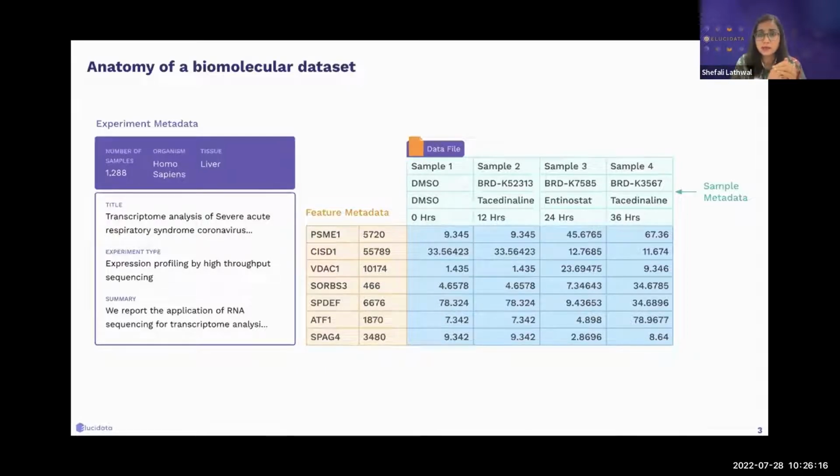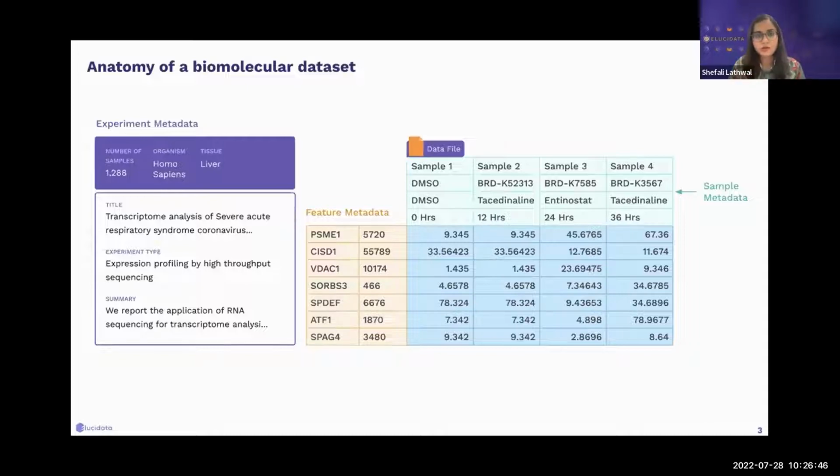For example, is the experiment being done on humans, on mice, on yeast, where the samples are coming from, so the tissues and other information about the experiment, as well as the metadata of the samples contained within the experiment, and how they were treated. For example, was a specific drug given, at what time point the data were collected, and so on, as well as information about the molecules or any other entities that are being measured.